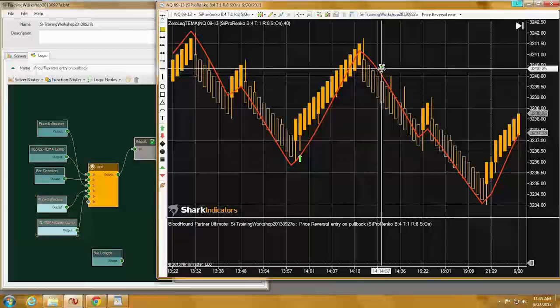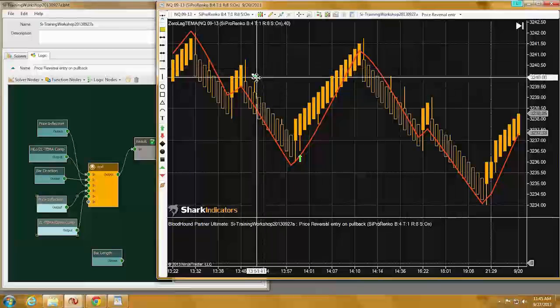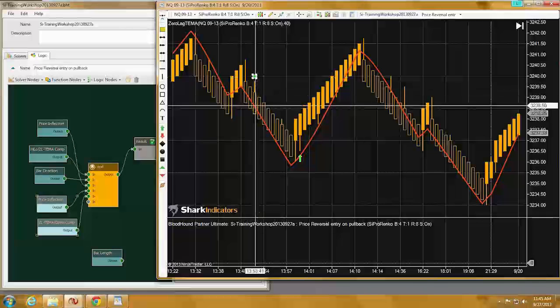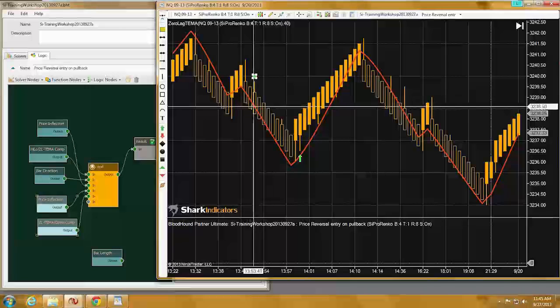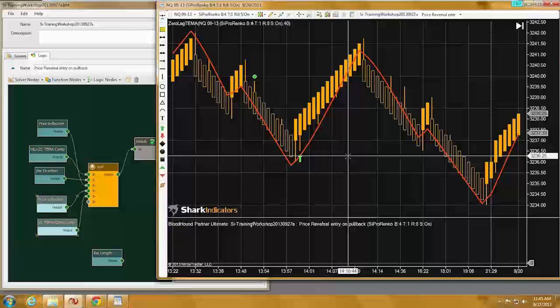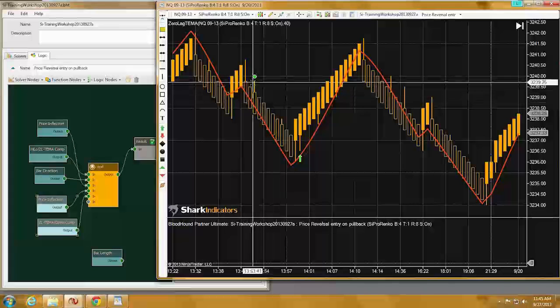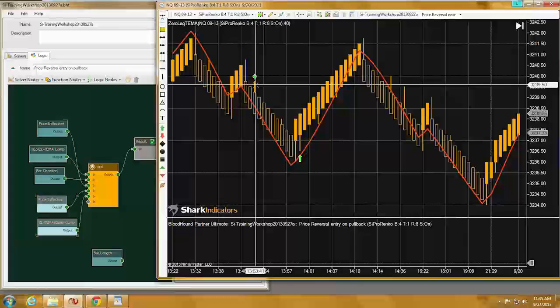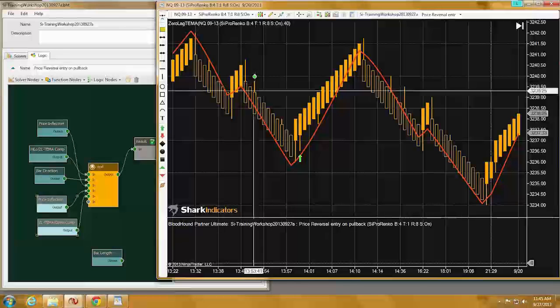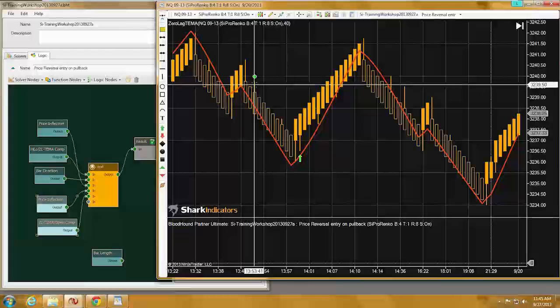And here's a pullback. But our moving average is inside the bars. So you could rework this. If you just want to look for a pure bar with a wick, you could do that by just looking for the bar length, and that'll tell you.